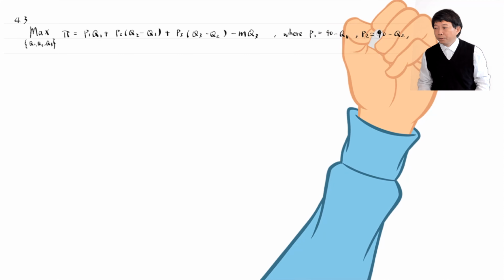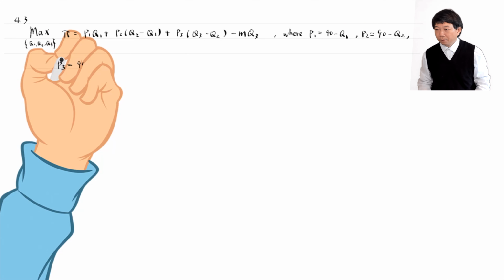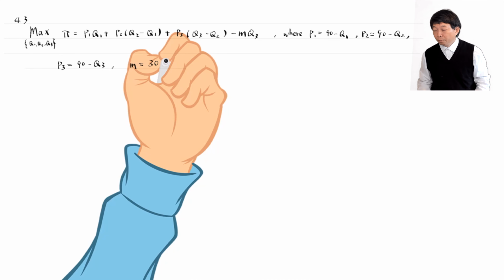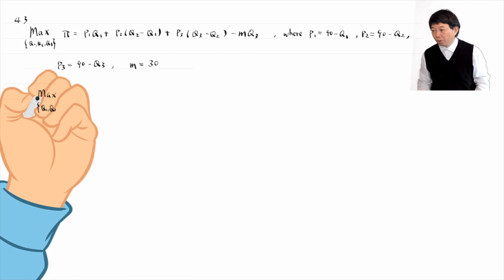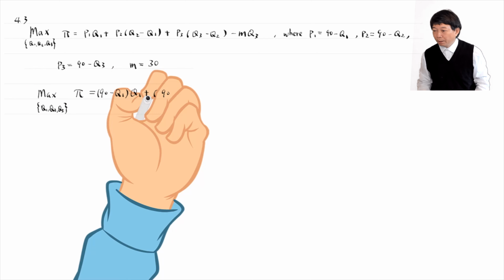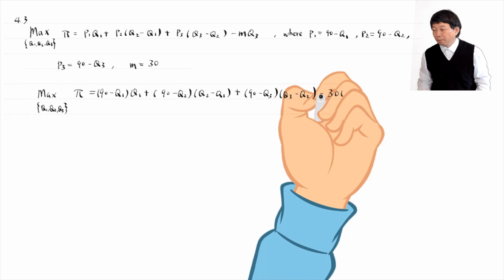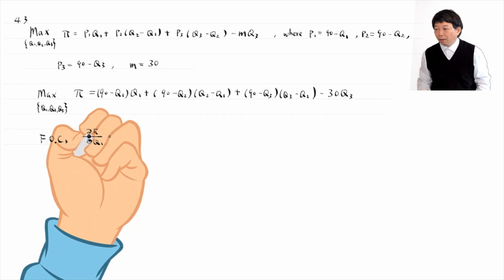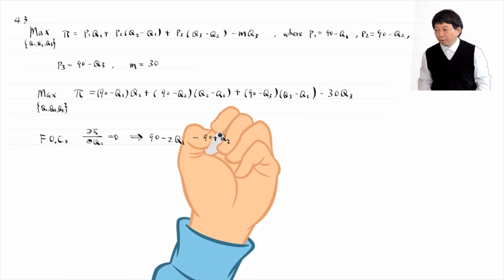The monopoly chooses the 3 quantities to maximize its profit. We then plug in the inverse demand function and the marginal cost and write the profit function in terms of Q1, Q2, and Q3. The monopoly maximizes its profit by choosing Q1, Q2, and Q3. Finally, the first-order conditions lead to the solution.